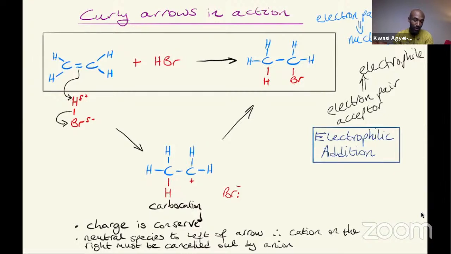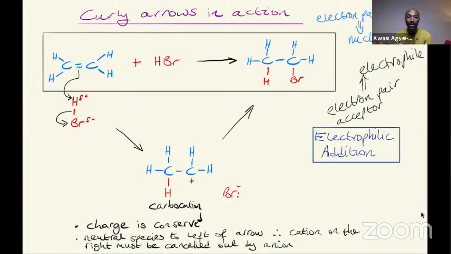And because this carbon here no longer has a pair of electrons between it and the other carbon atom, we've broken the pi bond heterolytically, this carbon atom is now electron deficient and has a plus charge on it. So we formed what is known as a carbocation. So it's a carbon atom with a plus charge on it. It's a carbocation. And we've also formed a bromide ion.